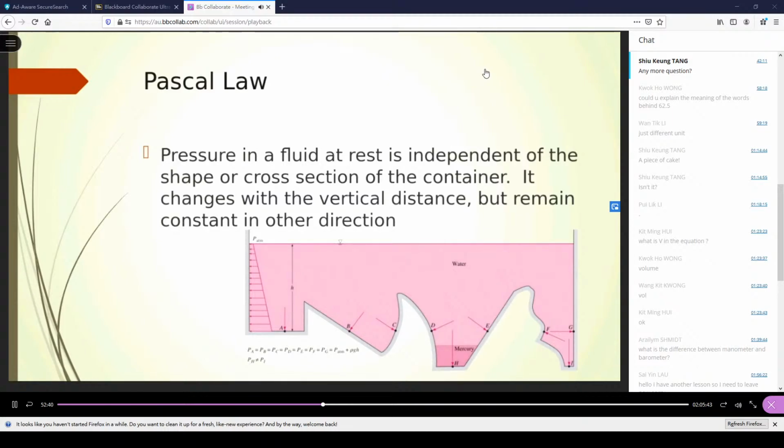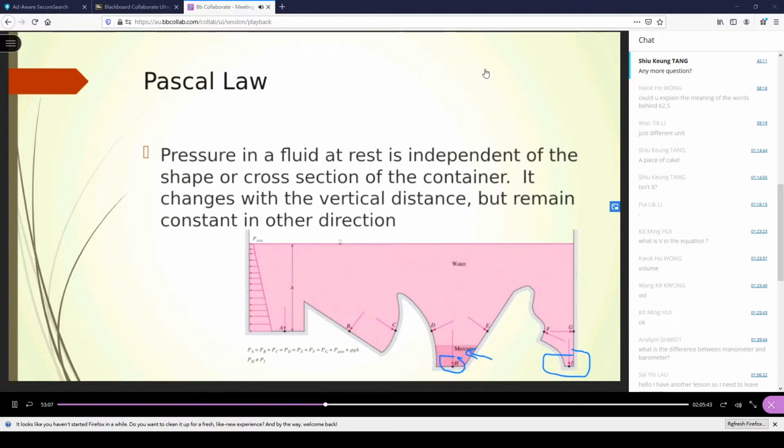So pressure at H is always higher than those at A, B, C, D. Now you are reminded that although H and I are at the same level, the pressure at H is higher because mercury has a higher density.